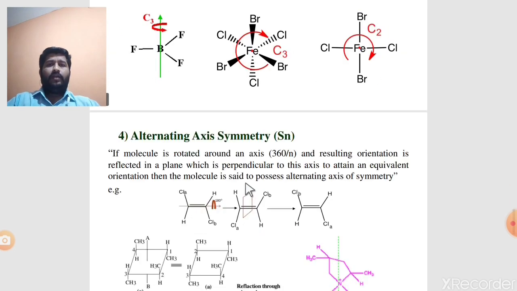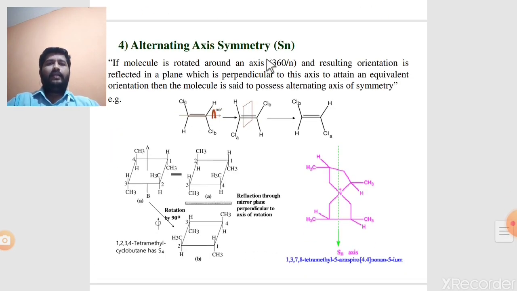Then the next one, number four, is the alternating axis of symmetry, represented by the symbol Sn. If the molecule is rotated around an axis and the resulting orientation is reflected in a plane perpendicular to this axis to attain an equivalent orientation, then the molecule is said to possess the alternating axis of symmetry.